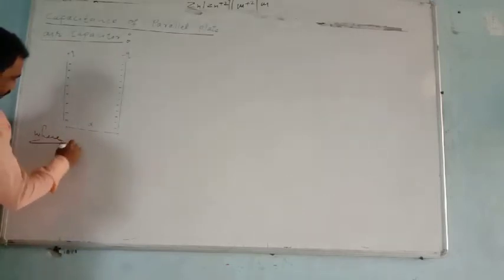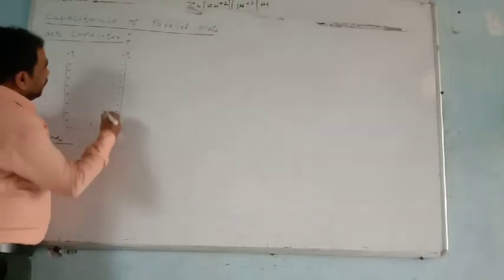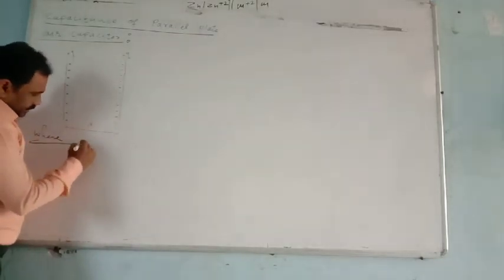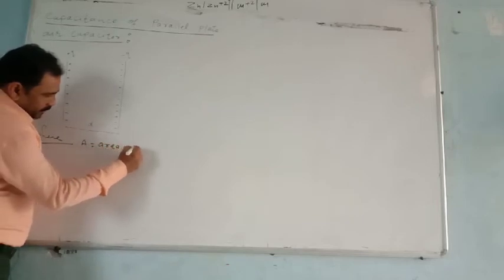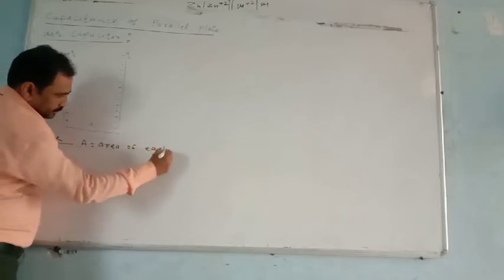Now see, discuss some parameters about this diagram. Suppose we consider capital A, that is area of each plate.